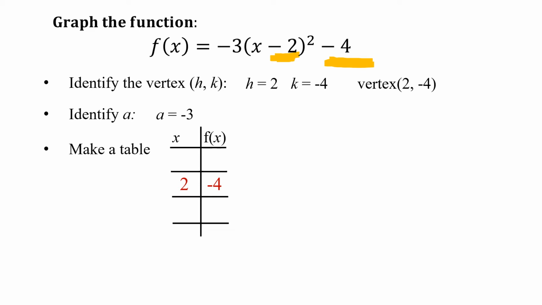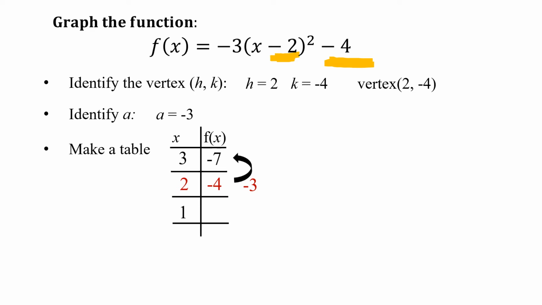So now we need to put a value above 2, which is 3, and we need a value one space below 2, which is 1. Now using our a is negative 3, and since our parabola is 3 units down, that's what the negative 3 means, we're going to take negative 3 and add to negative 4.